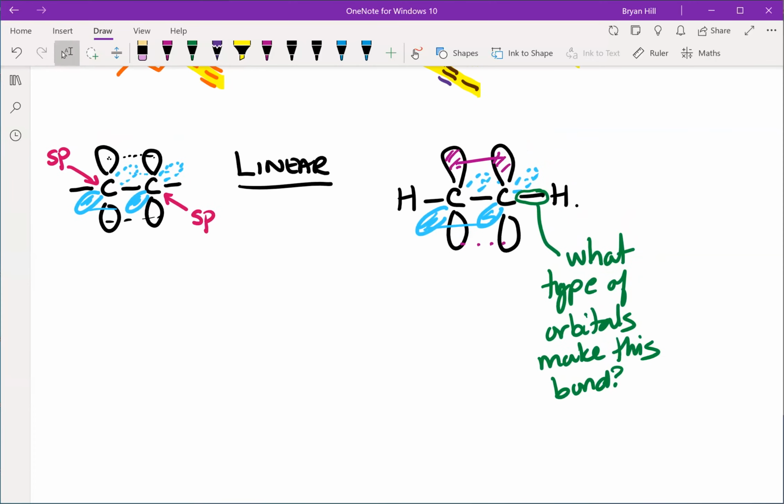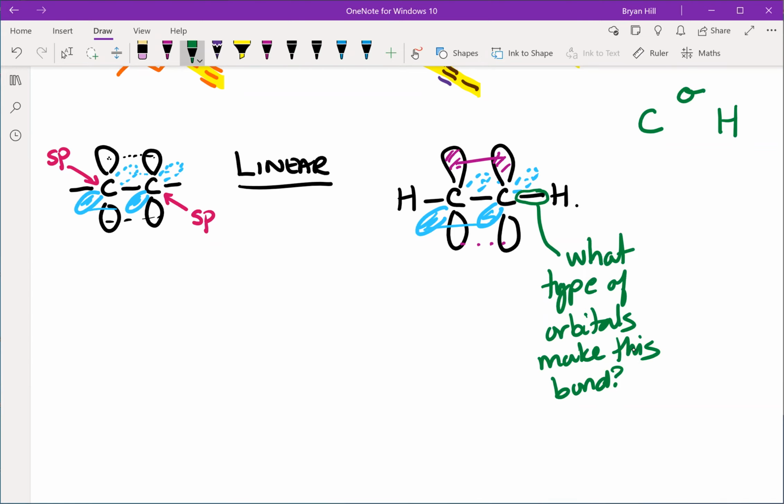What would you say? Carbon uses what? H uses what? So it's a sigma bond because it's a single bond.